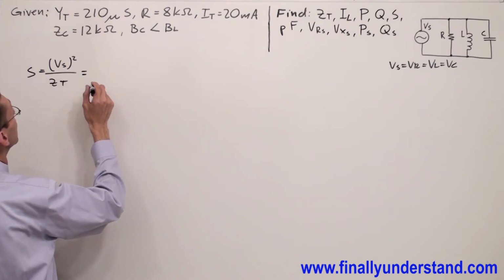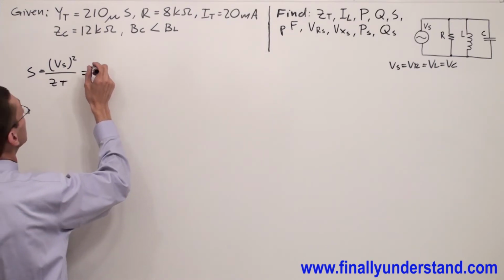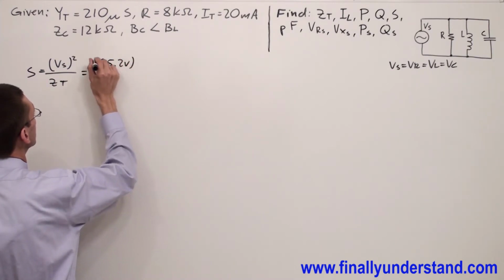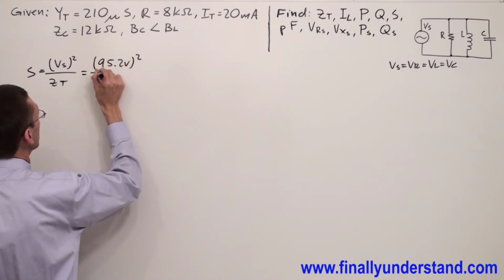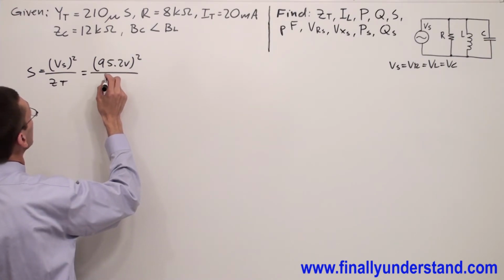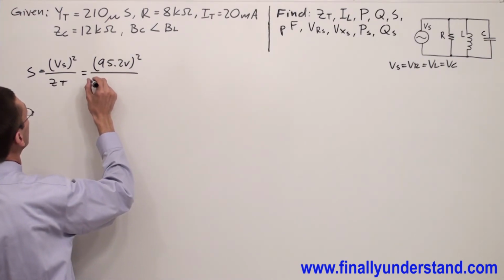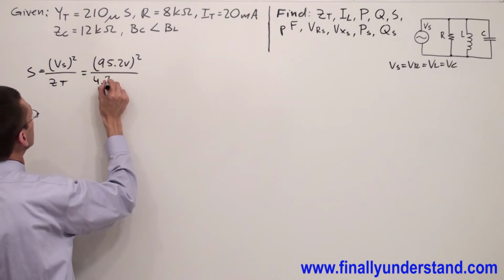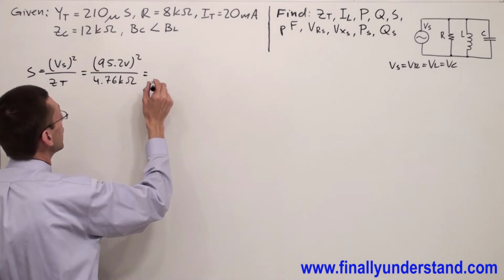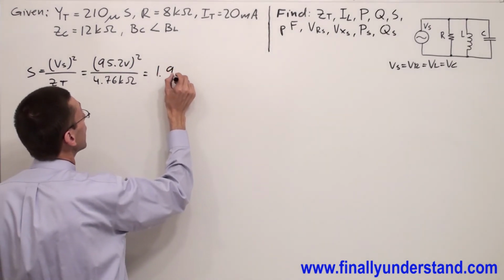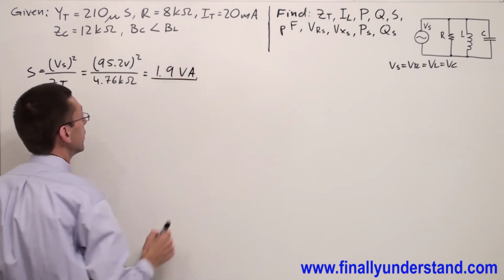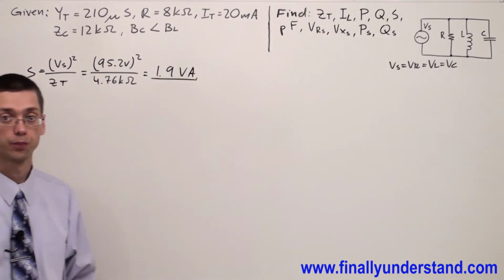Voltage source we found is equal to 95.2 volts raised to the second power over Z total, which is equal to 4.76 kiloohms. This is equal to 1.9 volt amps. Okay, so this is my apparent power.